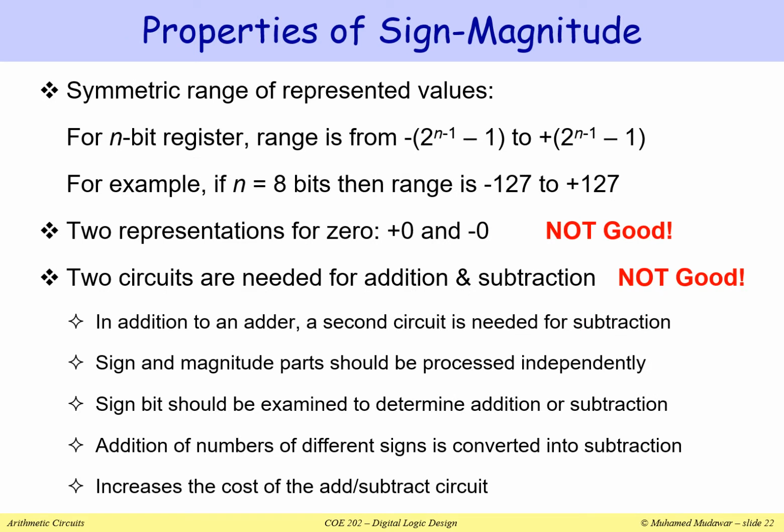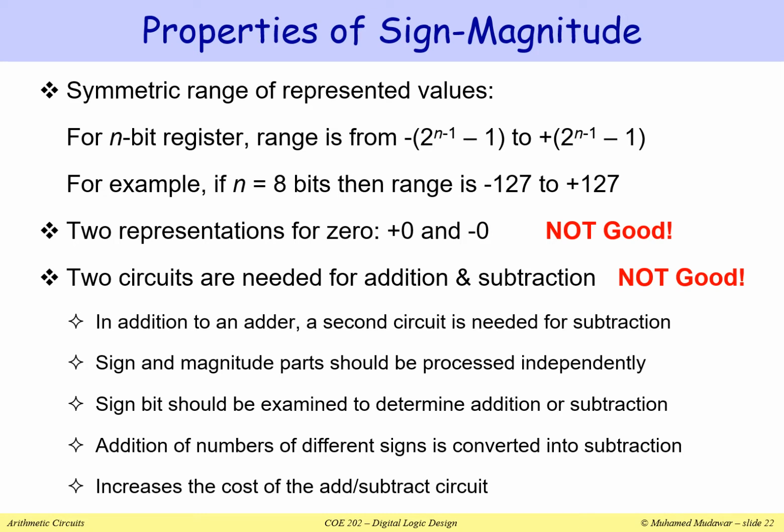What are the properties of sign magnitude? First, we have a symmetric range of represented values. If you use n bits to store a sign magnitude number, for example, inside a computer system, you have registers. Inside the CPU, we have registers.